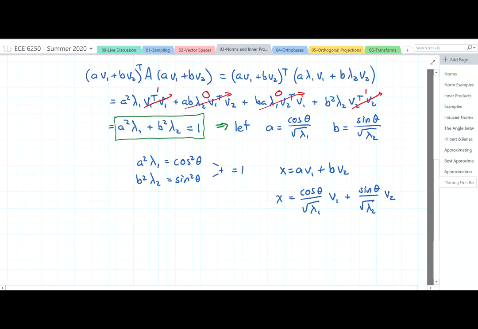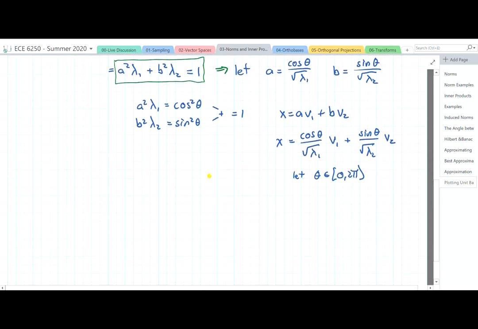And we just need to choose theta. It'll repeat after we go from 0 to 2 pi, so we just let theta be in 0 to 2 pi.